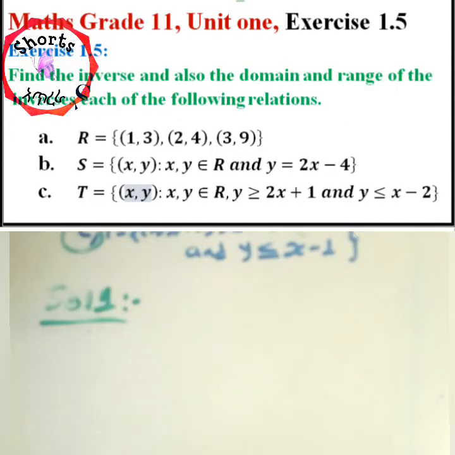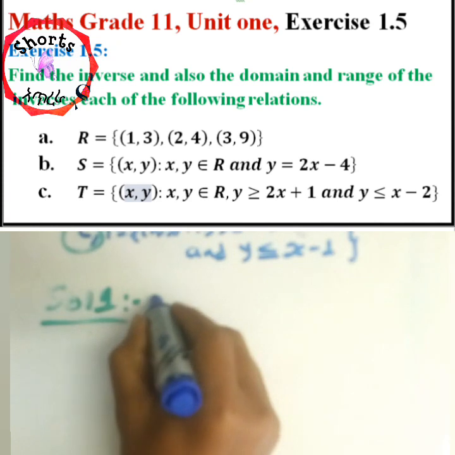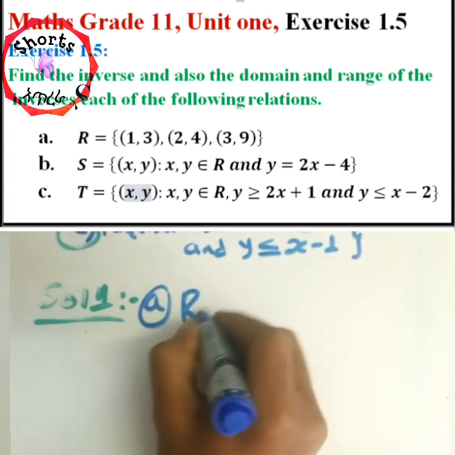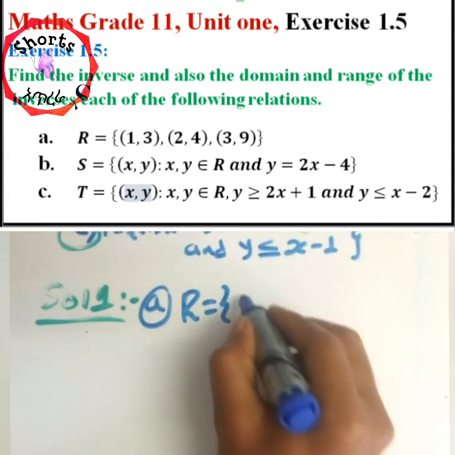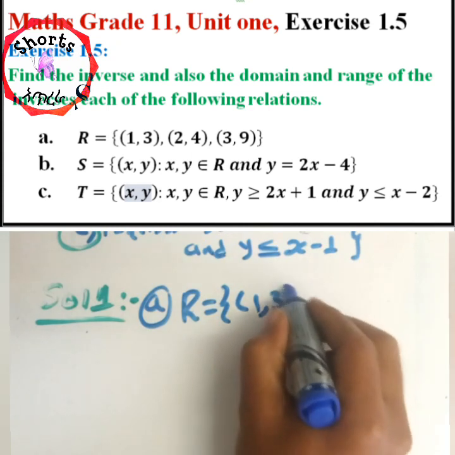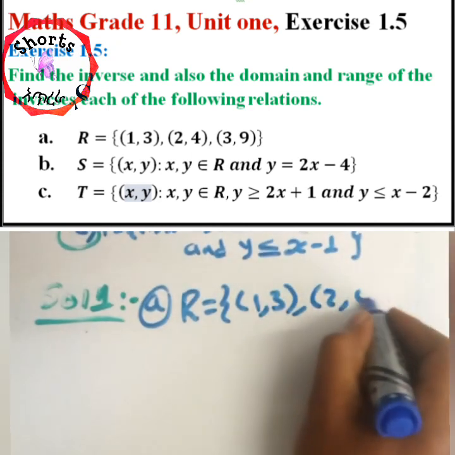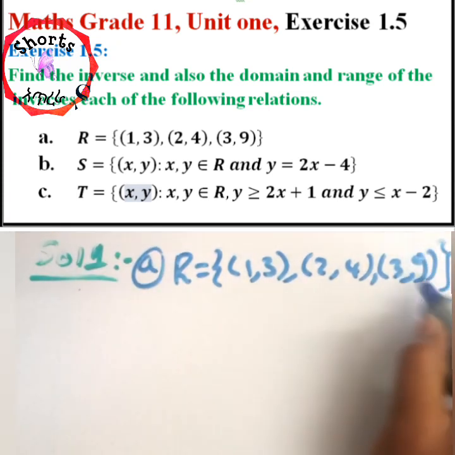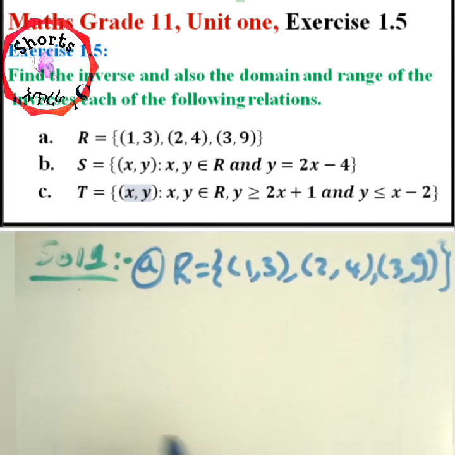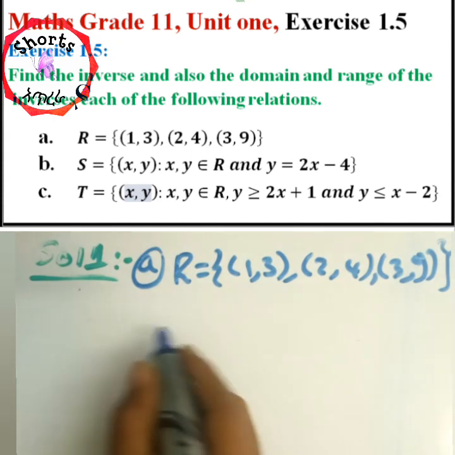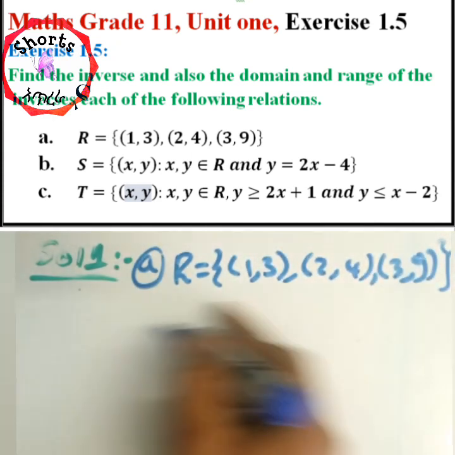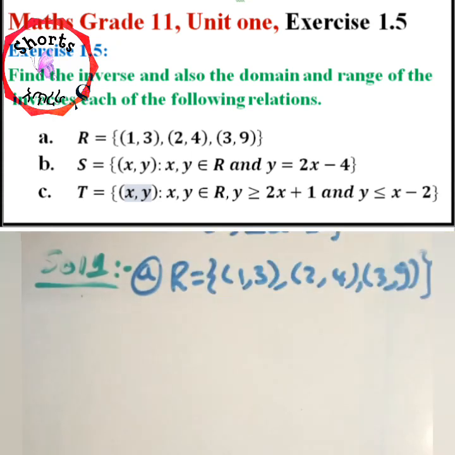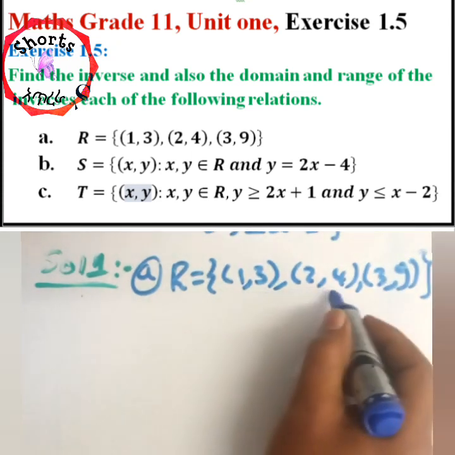A relation R is given as follows, with the ordered pairs (1, 3), (2, 4), and (3, 9). To find the inverse of such a relation, we simply exchange the first and second components of each ordered pair.